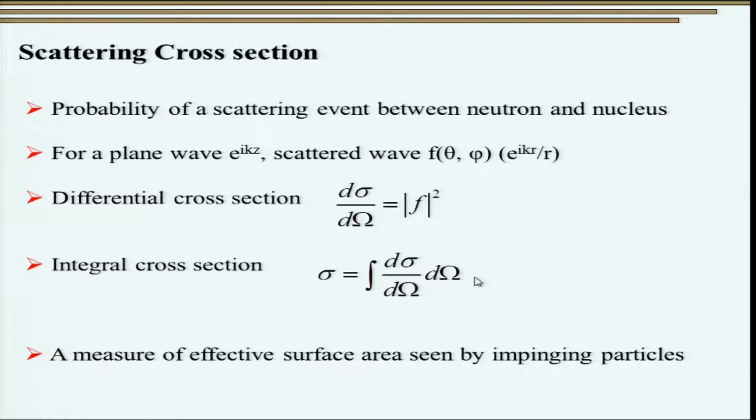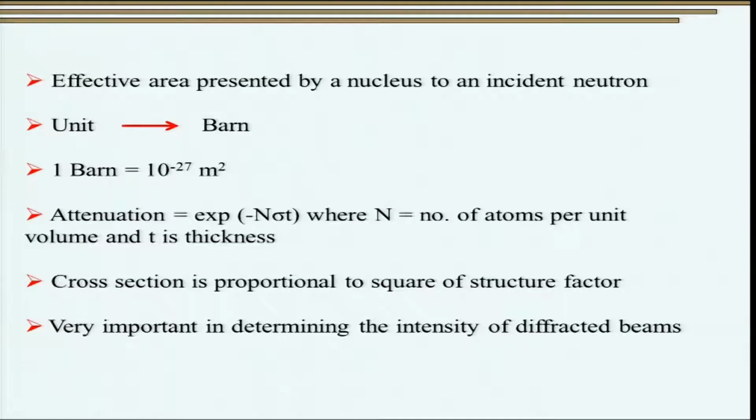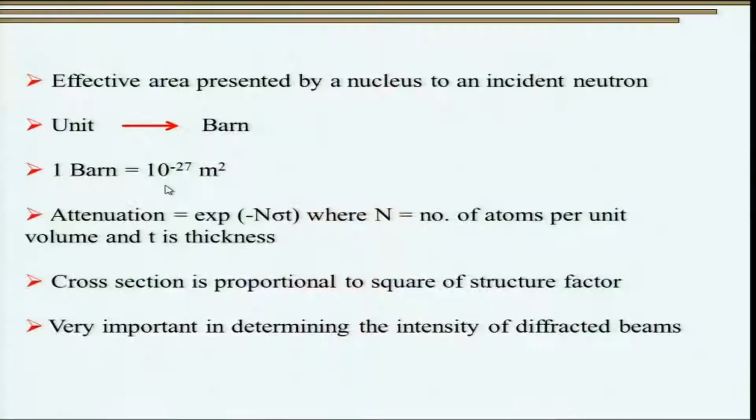We will talk about it in a later slide, but this essentially gives us a measure of the effective surface area seen by impinging particles. So, the effective area presented by a nucleus to an incident neutron is actually represented in terms of a barn, which is nothing but a unit of area, and 1 barn is equal to 10 to the power minus 27 meter square.